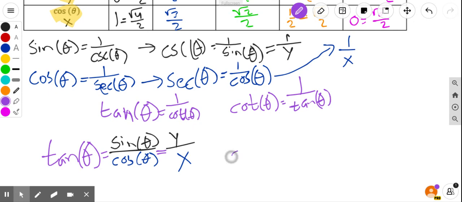And since cotangent is the reciprocal of tangent, well, cotangent could be considered x divided by y. Right? So if you need to, jot these down in your notes, use this as a reference, right? These are the basic breakdowns. I've even color-coded them for you to help you with it.